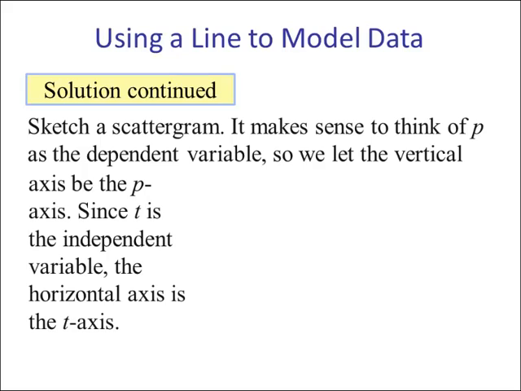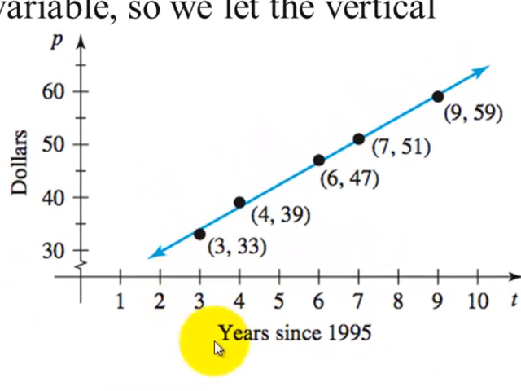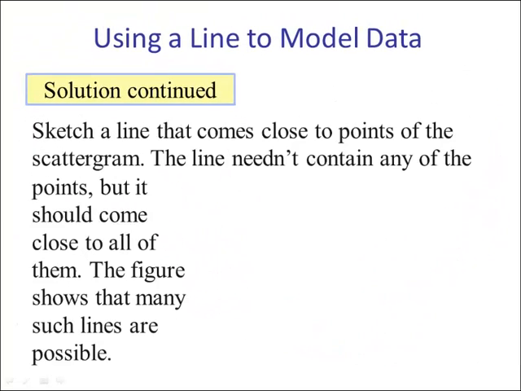We'll sketch the scattergram. P is our dependent variable, so it's going to be the vertical axis, and T is the independent variable, and that's going to be our horizontal axis. So here we have our T-axis, our P-axis, the units are given, and then we have our data, and then we draw a line that comes close to the data.